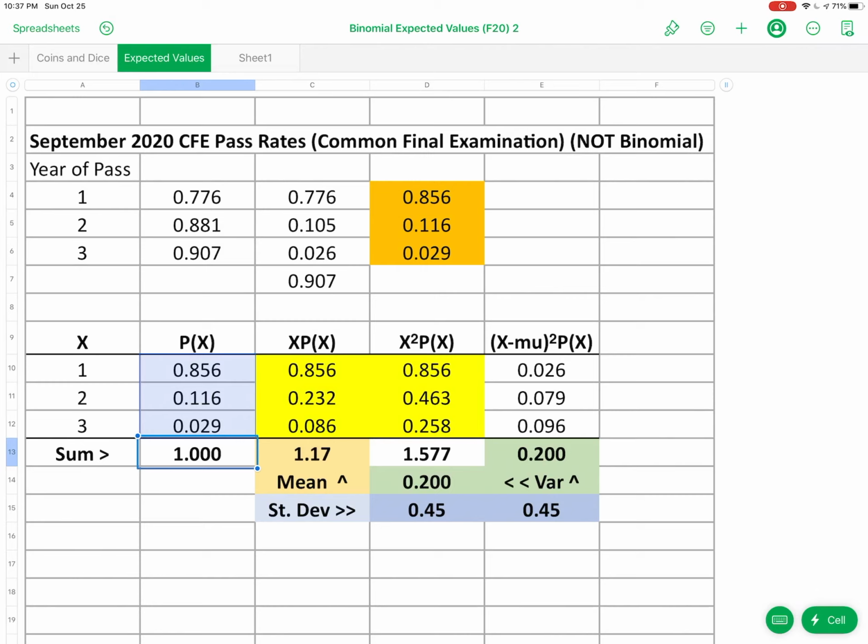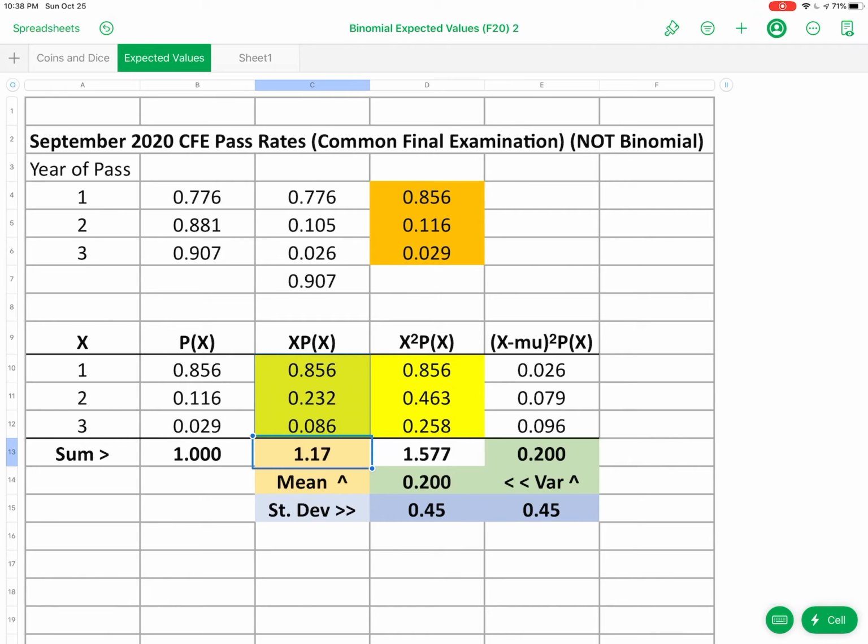We can calculate the average number of years that it takes to get your CFE. So x times p of x. In each case, you're just taking the x times its p of x, and you get these numbers in yellow here. And when you add them up, this is the expected value. So what that means is that you should expect to get your CFE in the first or second year.